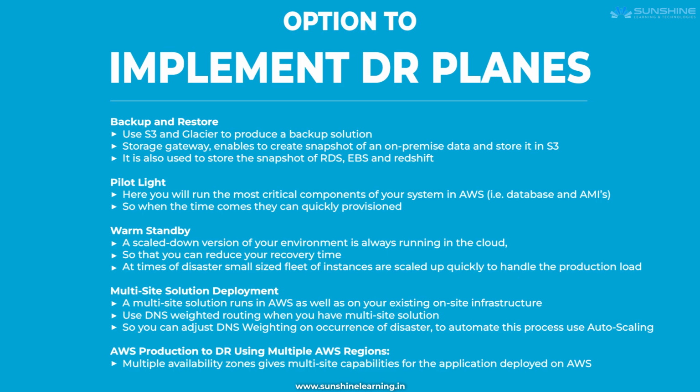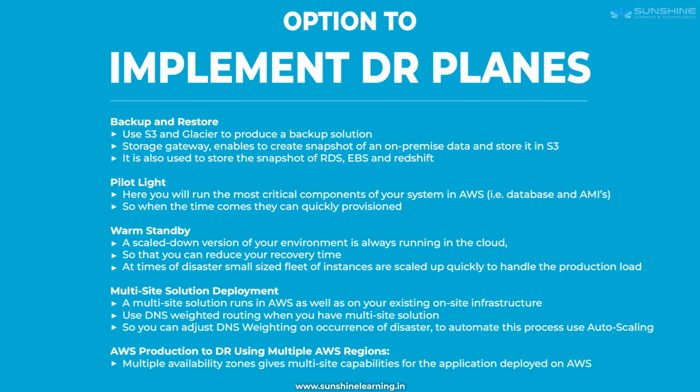Now, what are the options to implement the DR plans? Backup and restore. You can use S3 and Glacier to produce a backup solution. You can have S3 buckets in a different region, and you can always enable the cross-region replication rule. You can have storage gateways enabled to create snapshots of on-prem data and store them in S3 for a longer duration of time.